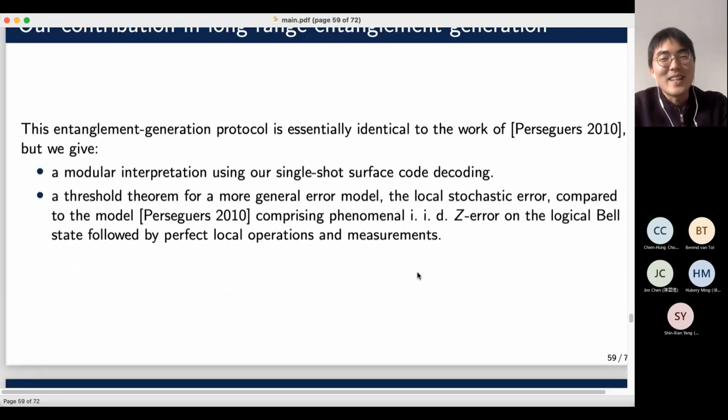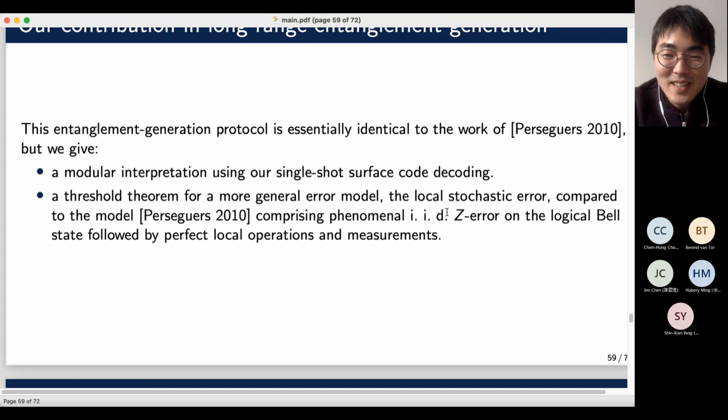And this idea is essentially studied by Persigors in 2010. But in his work, he considered a somewhat restricted error model. He only considered phenomenal Z error on the logical Bell state, on the cluster state, but all the measurements or local operations are considered perfect.